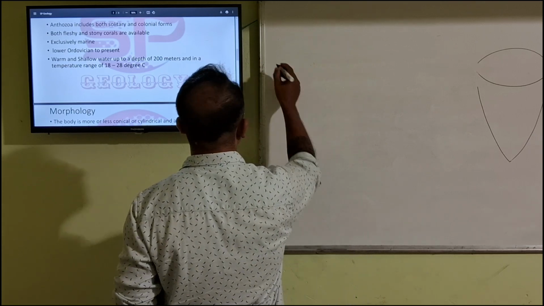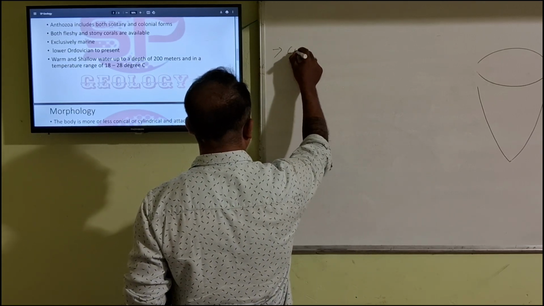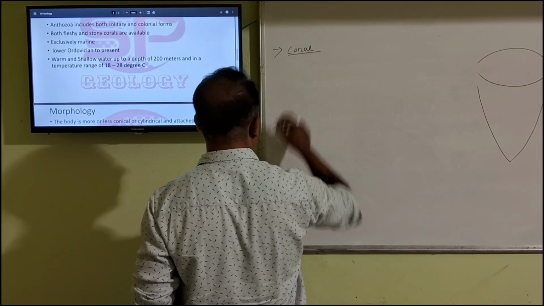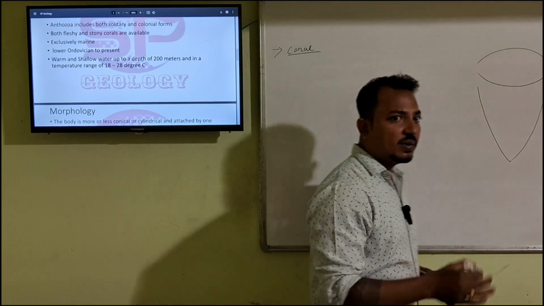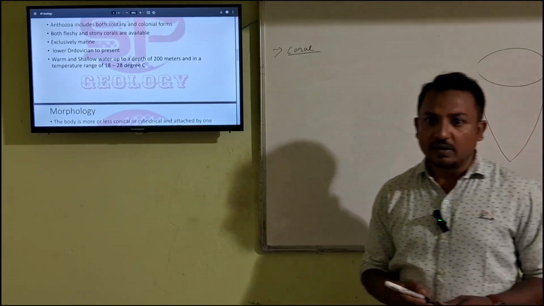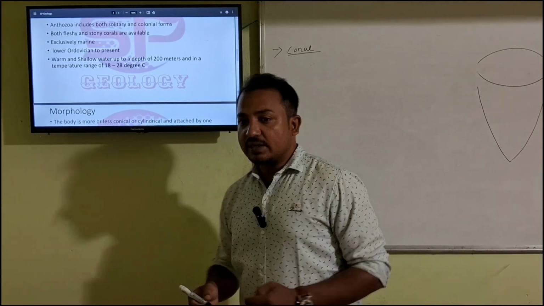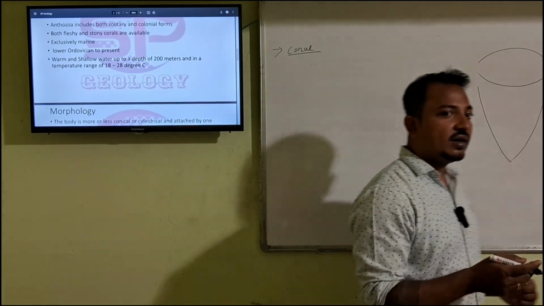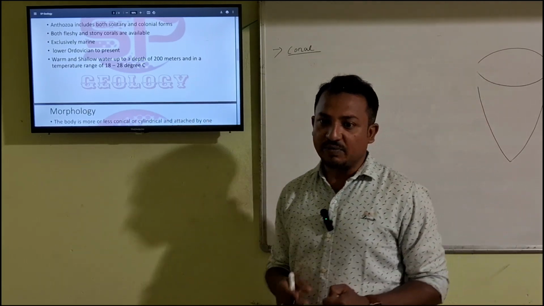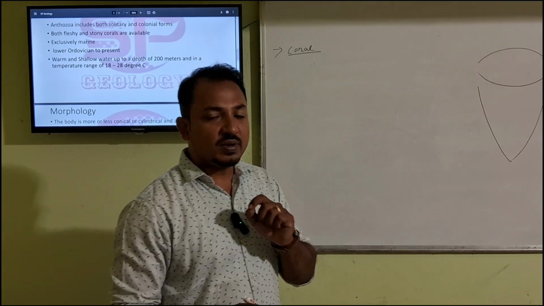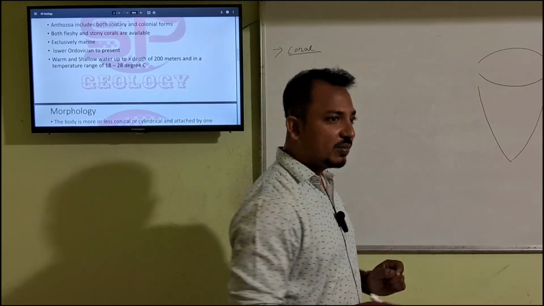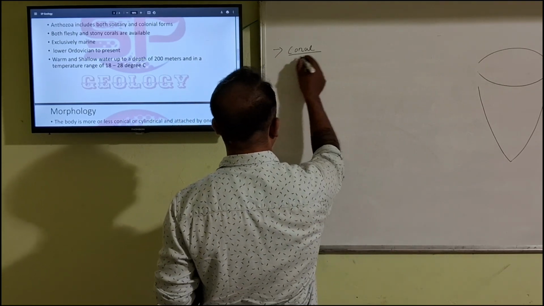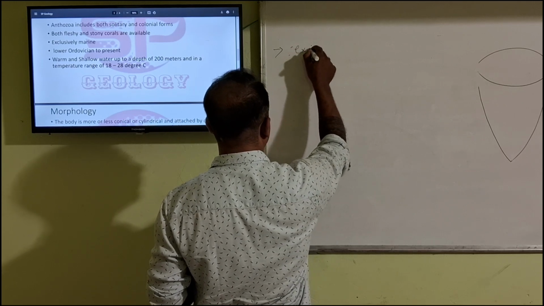The main important thing is coral. Coral means Anthozoa. We'll study corals under Anthozoa. Corals are found in a very limited temperature and depth range. These are exclusively marine animals. You can write down: these are exclusively marine animals.